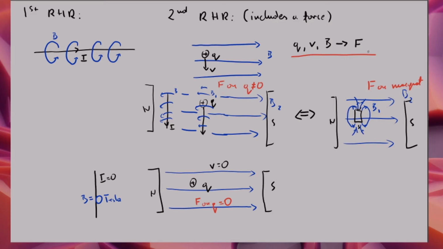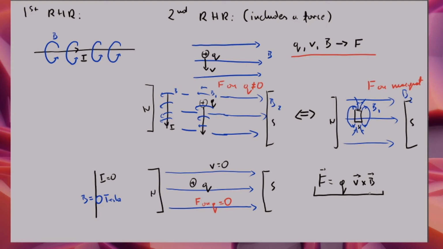And there is an equation that relates these. I'll get to the equation later, but maybe I should just state it: F equals Q v cross B. This equation comes directly out of experiments.